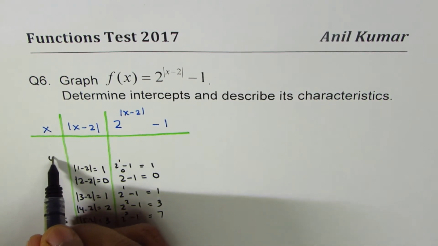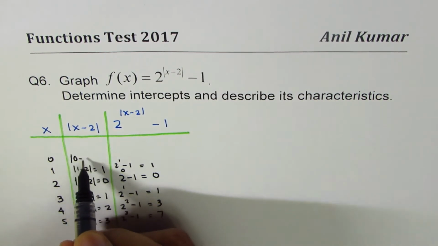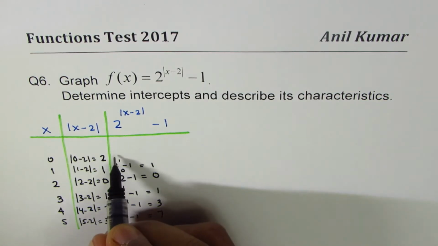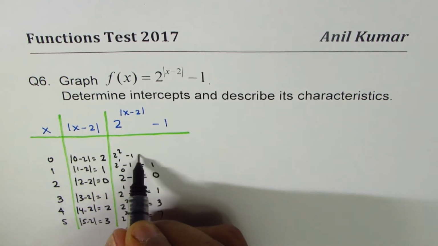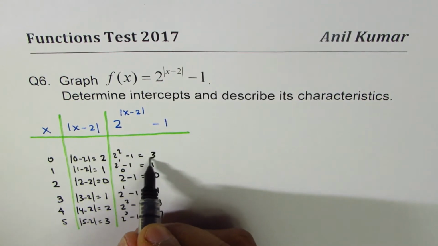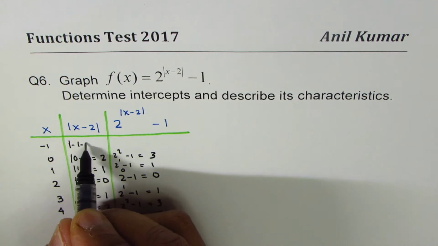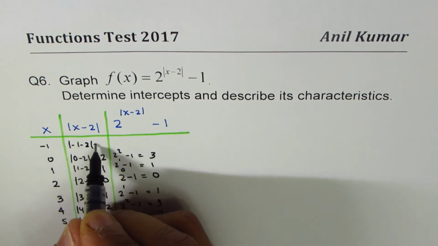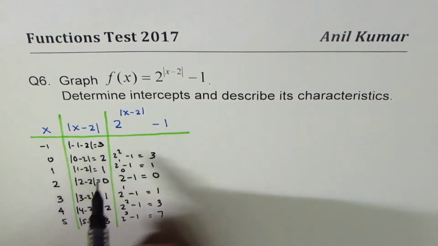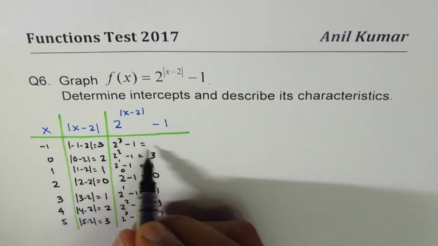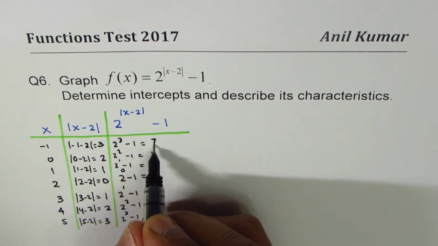If I take 0, then absolute value of 0 minus 2 will be 2. So we get 2 squared minus 1, which is 3. And for minus 1, it will be minus 1 minus 2, which is 3 in absolute value, right? So it is 2 cubed minus 1, which is 8 minus 1, 7.